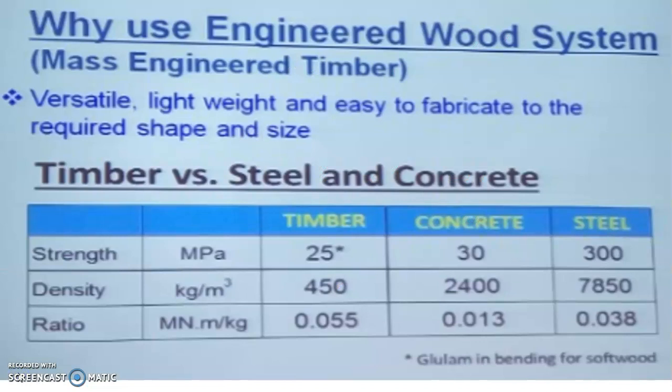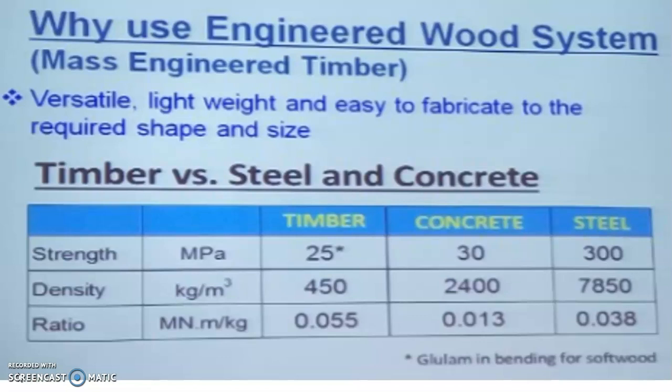One of the questions that we always ask ourselves is, why do we want to use mass engineered timber when we can use concrete or we can use steel? Well, there are some advantages of timber over steel and concrete, just like there are also some disadvantages.